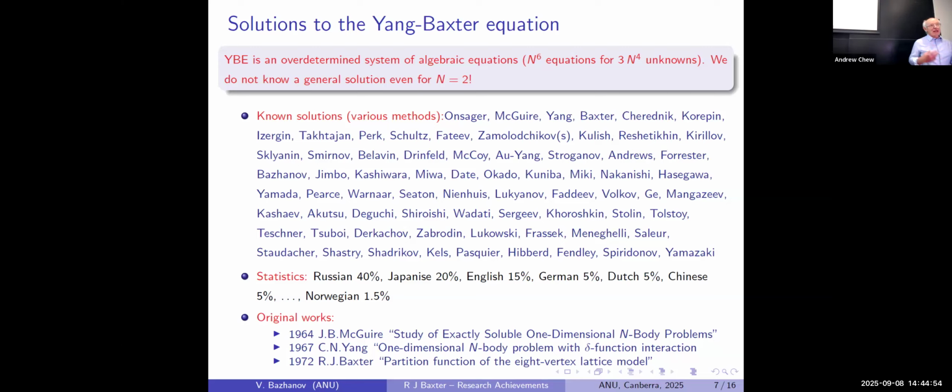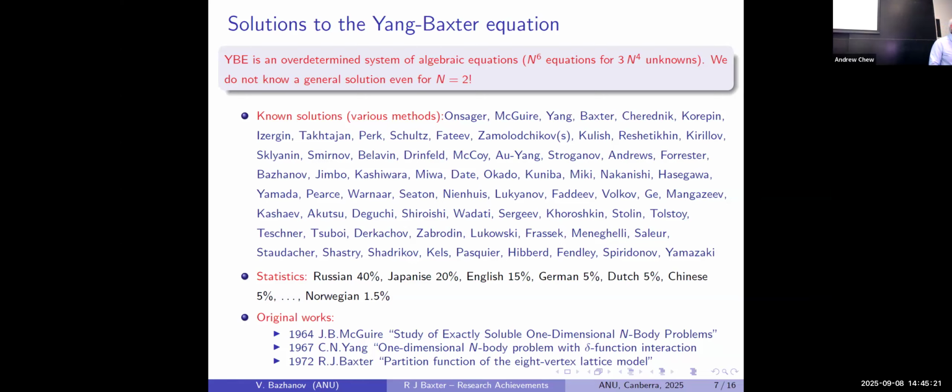But I asked Rodney about this, and neither he nor Yang recognized that they have the same equation in their work. And Jim McGuire wasn't there, and well, I don't know. But anyway, what was happening?